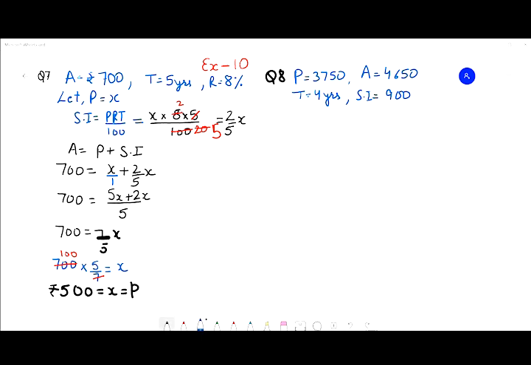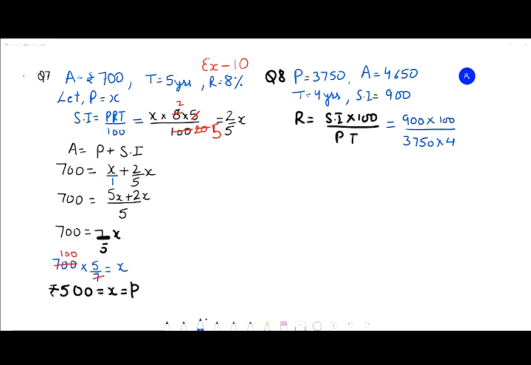Now I will find out the rate with the formula of the rate itself. R is SI multiplied by 100 by P and time. Now put the amounts: 900 into 100, principal is 3750, time is 4.